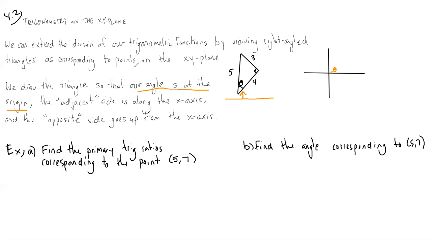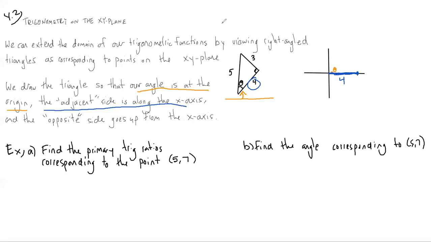The adjacent side is going to be along the x-axis. In this one, that's my 4. So I'm going to draw the adjacent side to have a length of 4 along the x-axis. That's the positive x-axis, so a positive 4 length there makes sense.